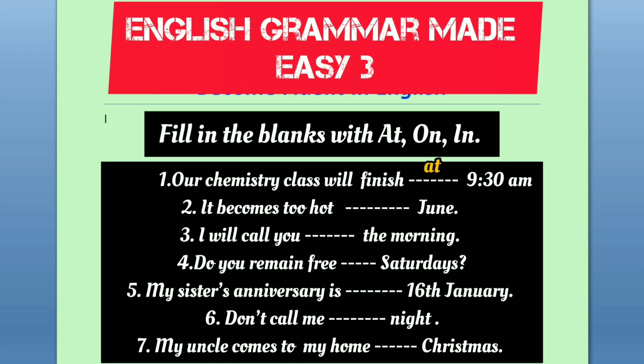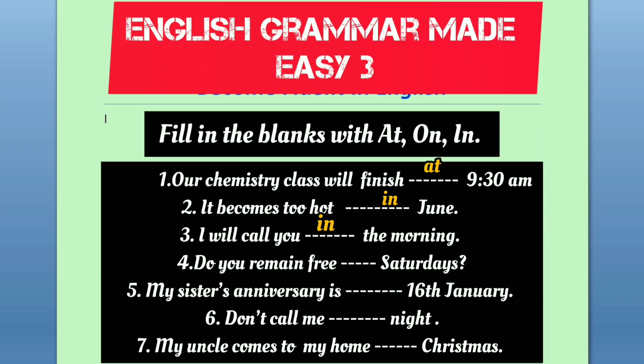As you see the second example, it becomes too hot dash June. So June is a month, and before month we use in. And the third is I'll call you dash the morning. Again, I'm talking about morning. So again, before morning, before evening, afternoon, we use in. So I will call you in the morning. The next is, do you remain free dash Saturdays?